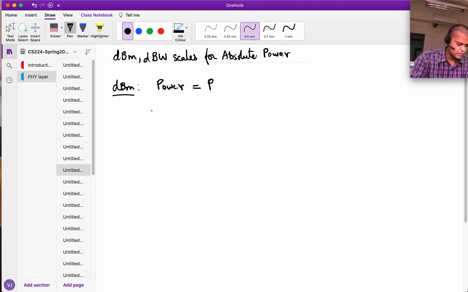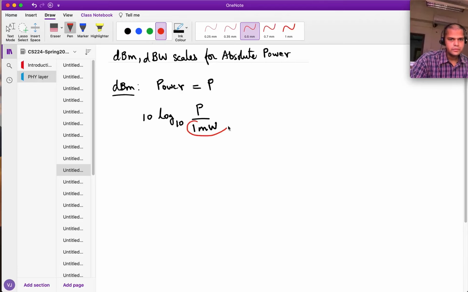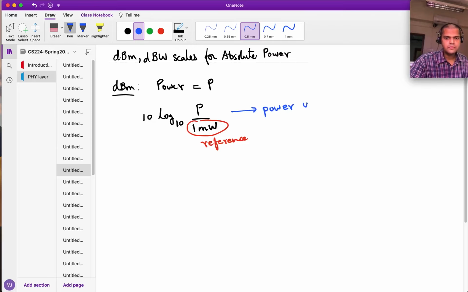So what we do is we take 10 log to the base 10 of that power, and we compare it to 1 milliwatt. This is a reference. We take the ratio, and this gives us the power in units of dBm.